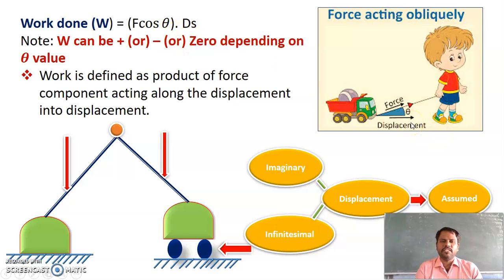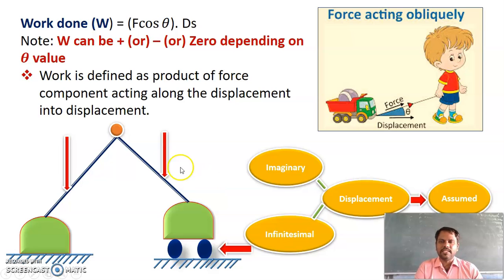If the displacement and force are in the same direction, then the work is positive. If the displacement and force are in opposite direction, work is said to be negative. If angle theta is equal to 90 degrees, then work is said to be 0. So work is defined as the product of force component acting along a displacement and that displacement.